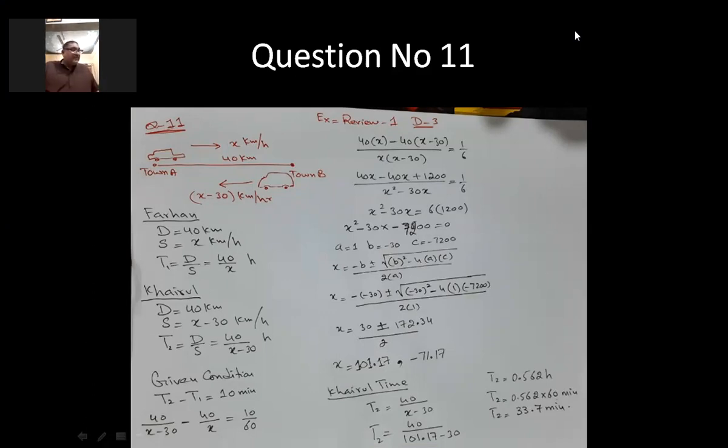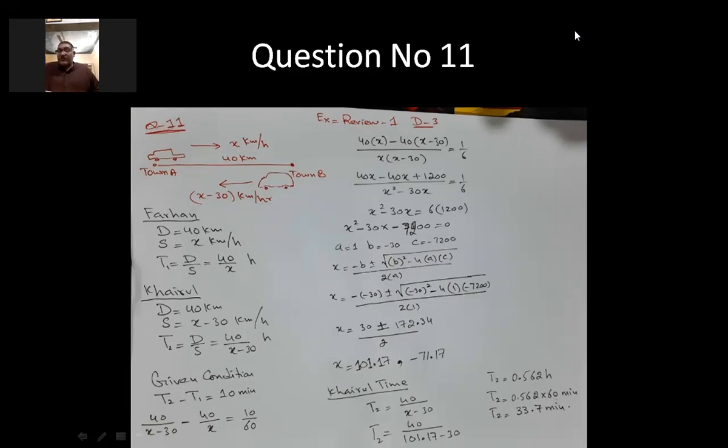It says Farhan traveled by car from town A to town B, 40 kilometers apart. So the distance between town A and town B is 40 kilometers, at an average speed of X kilometers per hour. So when Farhan goes by car from town A to town B, his speed is X kilometers per hour.